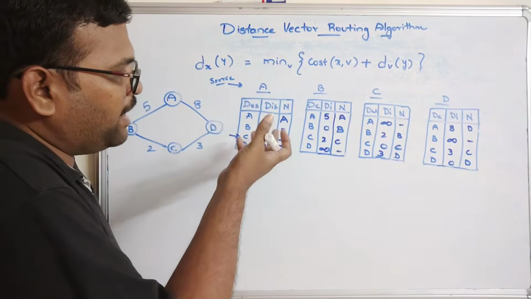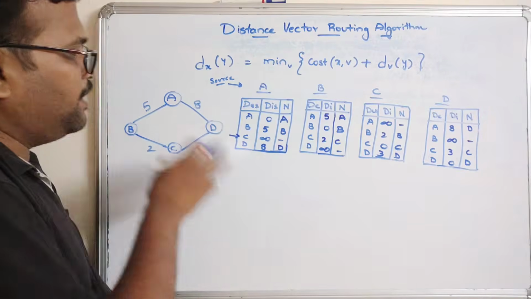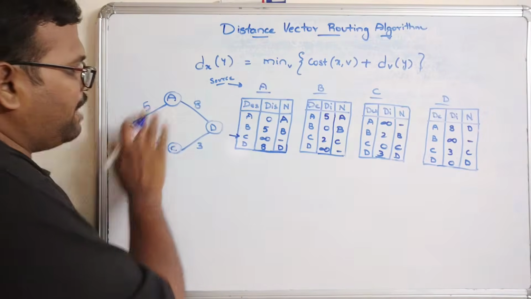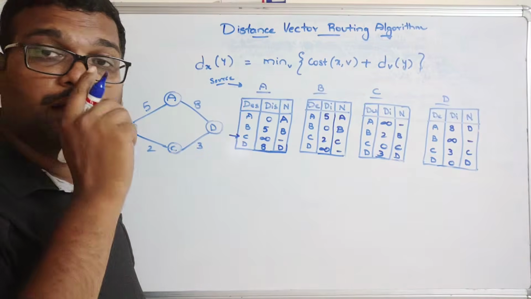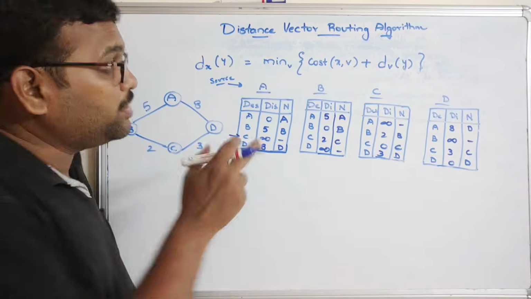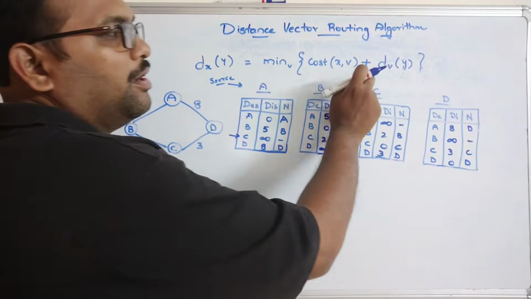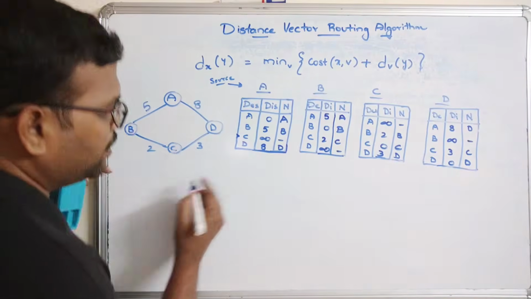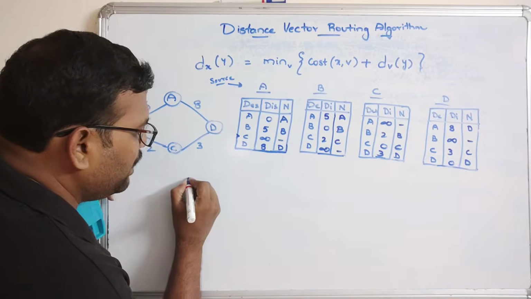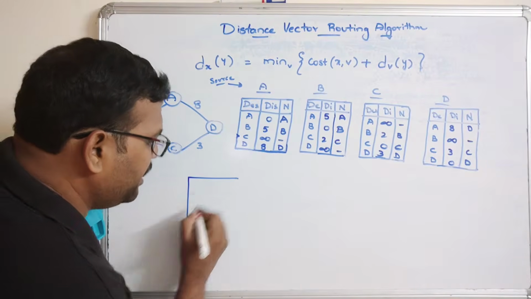If the packet wants to be transmitted from A to B, we have a path. We don't know whether it is a minimum cost or a maximum cost. That should be decided with the help of this equation, right? So let us try this. The routing table of A will be updated.